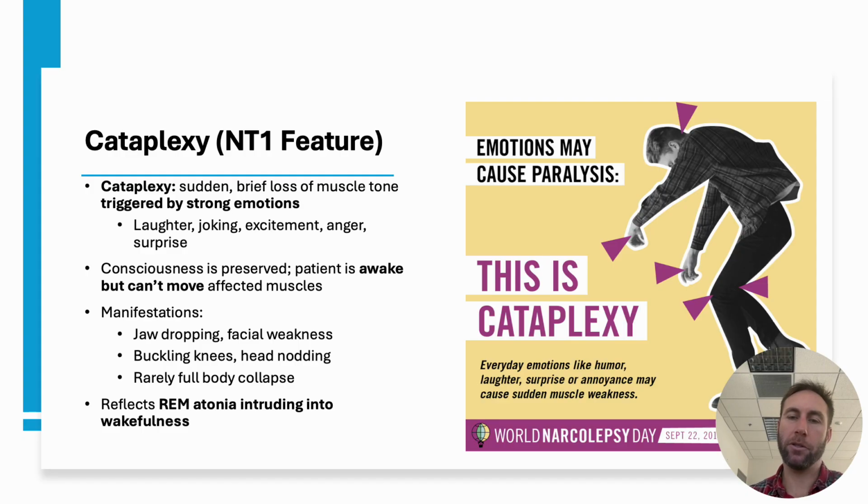So the patients are very well aware that they're losing muscle tone and starting to collapse to the ground, and so they know what's happening the whole time. It's usually accompanied by a certain level of REM intrusion, and it feels like REM-related muscle paralysis intruding into wakefulness. So that muscle paralysis that we all experience nightly when we go to sleep just happens to narcoleptics as they are having a funny conversation with somebody.